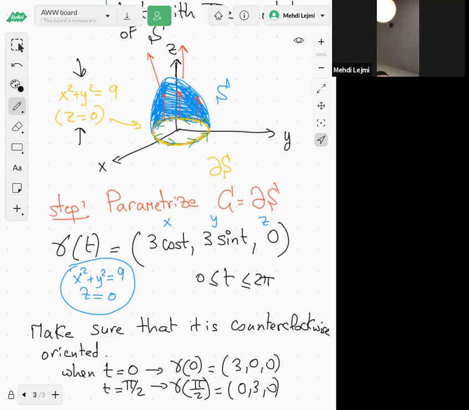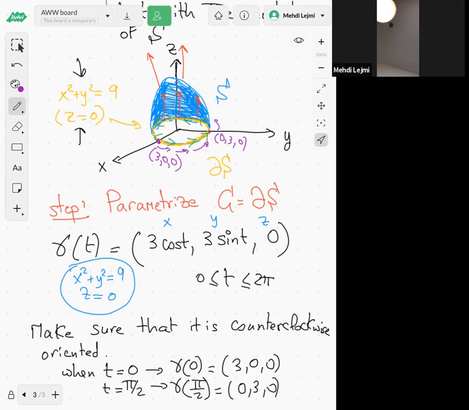So you move from 3, 0, 0, this is 3, 0, 0, and here is my y-axis, so this is 0, 3, 0. So at time t equals 0, we are at the point 3, 0, 0, and then at pi over 2, we are at the point 0, 3, 0. And that will be counterclockwise rotation.